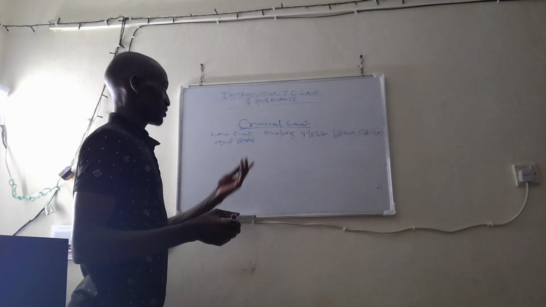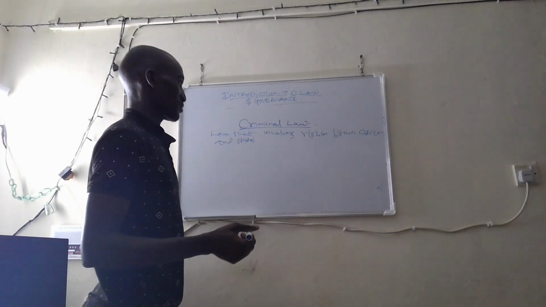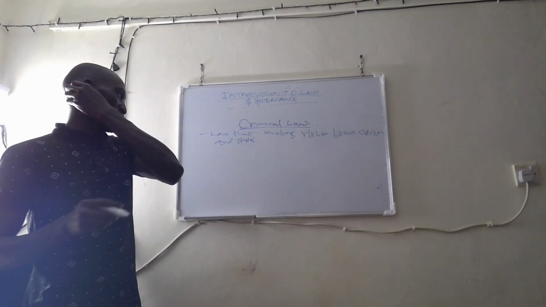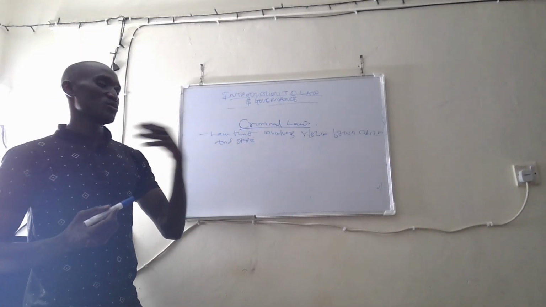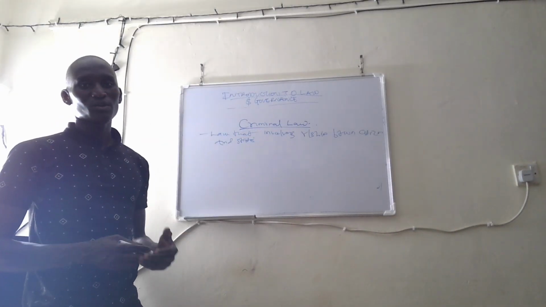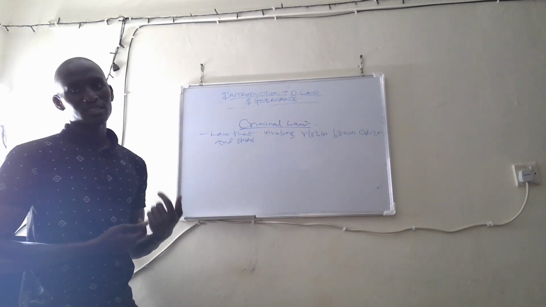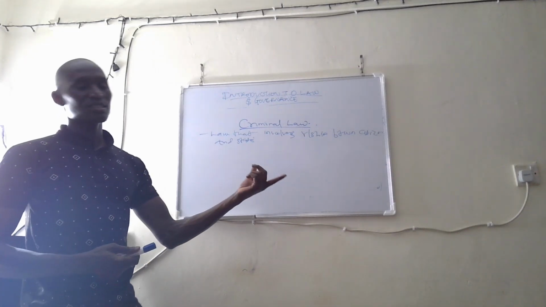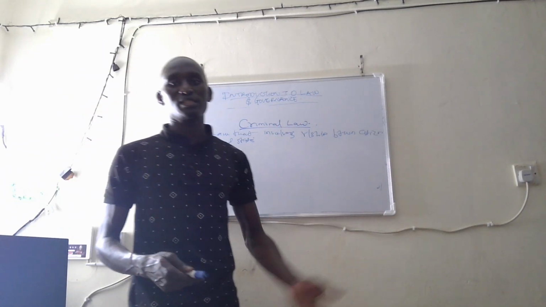And we have remedies for this law. Remedies are the end game of this law. If you break this law, you are taken to court, of course a criminal court, and the court hears the case and offers a judgment. After the judgment, the court comes with some punishment or remedies.